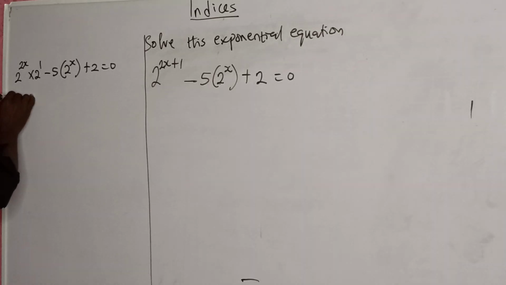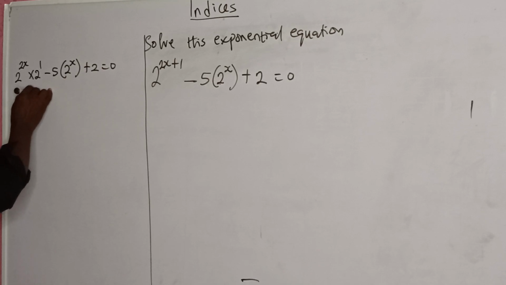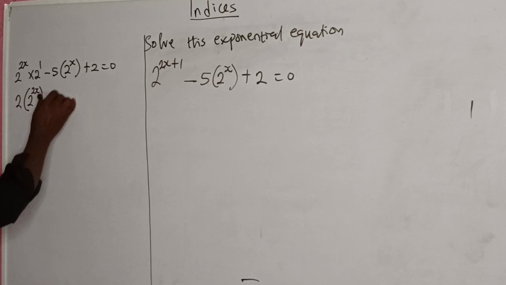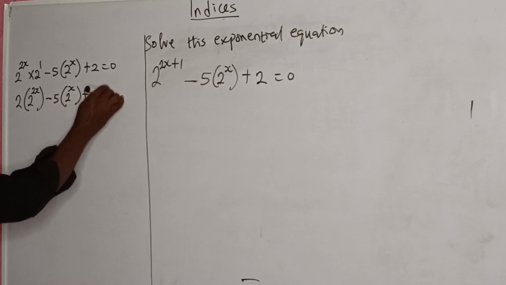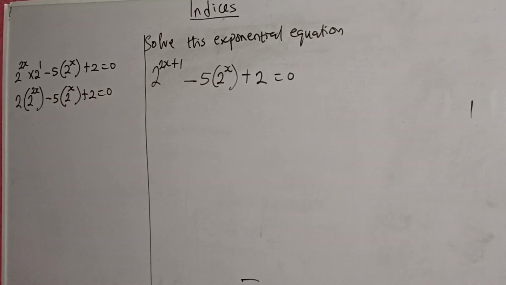So this will give us 2 open bracket 2 power 2x, minus 5 open bracket 2 power x, plus 2 equals to 0. We have this because 2 power 1 is 2, and multiplication can be changed to bracket.